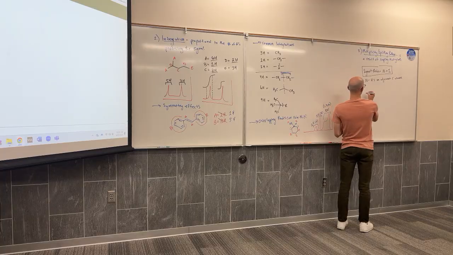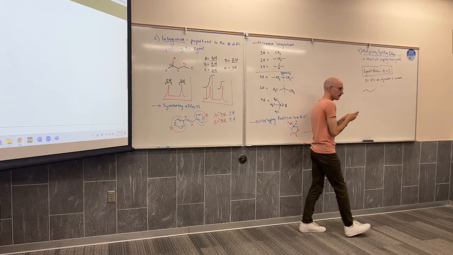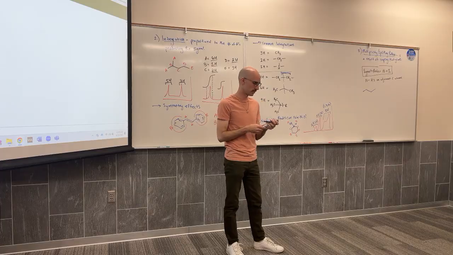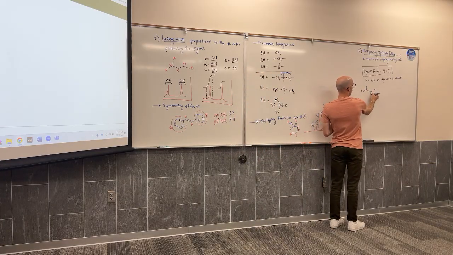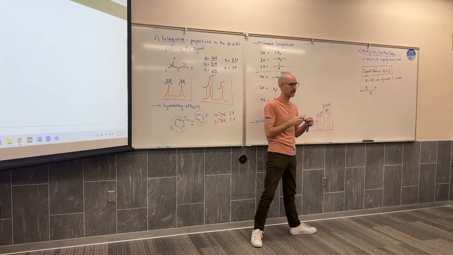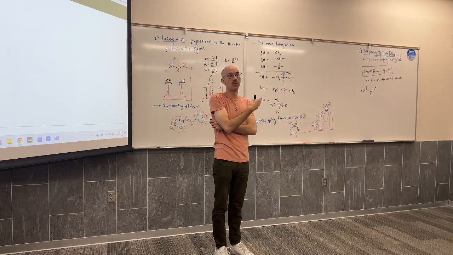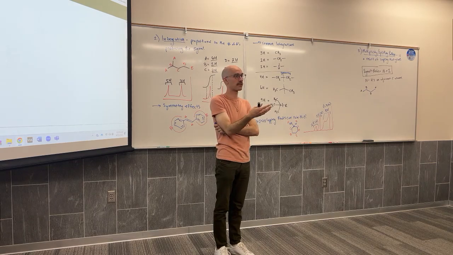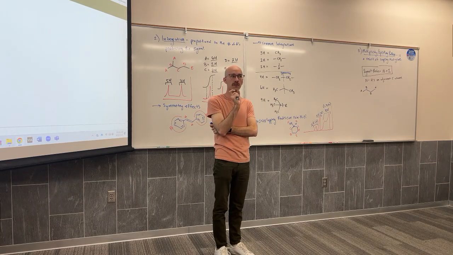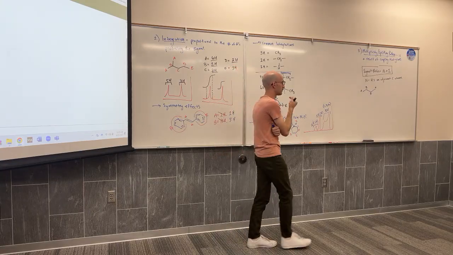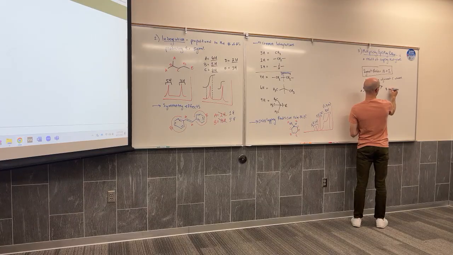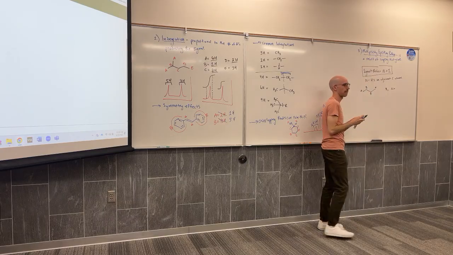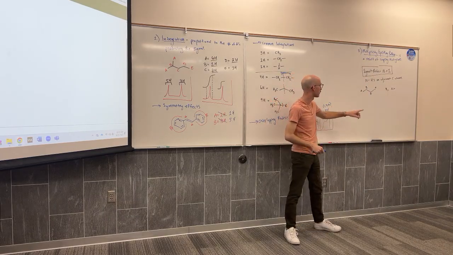Let's go back to a small example. Butane. We said that butane makes 2 signals, A and B. Signal A would integrate to 6, signal B would integrate to 4. But how would those signals show up? So the hydrogens at B, how many neighboring hydrogens do they have?